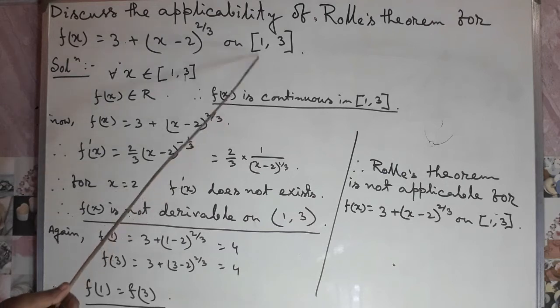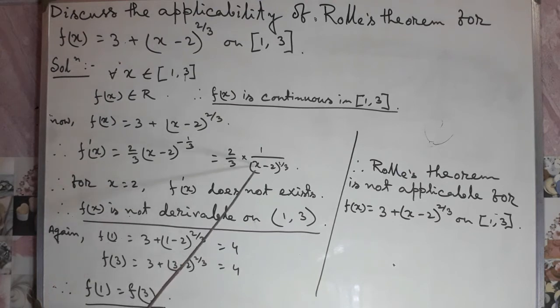As 2 lies in the open interval (1, 3), 2 is a point between 1 and 3. So if you put 2 here, ultimately it will be 1 by 0, that is undefined. So f dash x does not exist. That means f of x fails to be derivable on the open interval (1, 3).